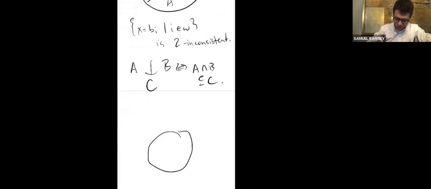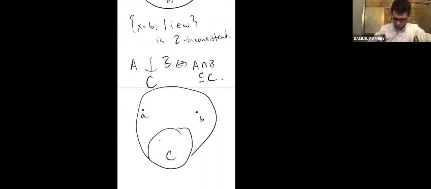You have your set C living inside some model, and you've got A and B. Let's suppose you have C here, and this orange blob will be what we call A, and this red blob will be what we call B.